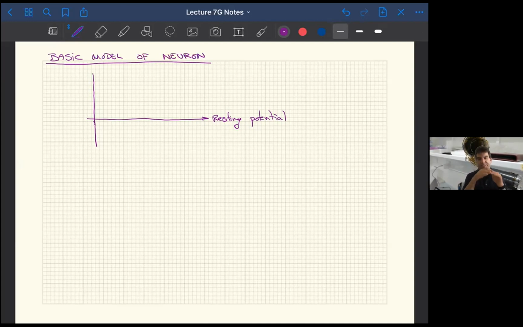It's sitting there and it's resting at a particular voltage, a particular potential. And then you receive some stimulus.